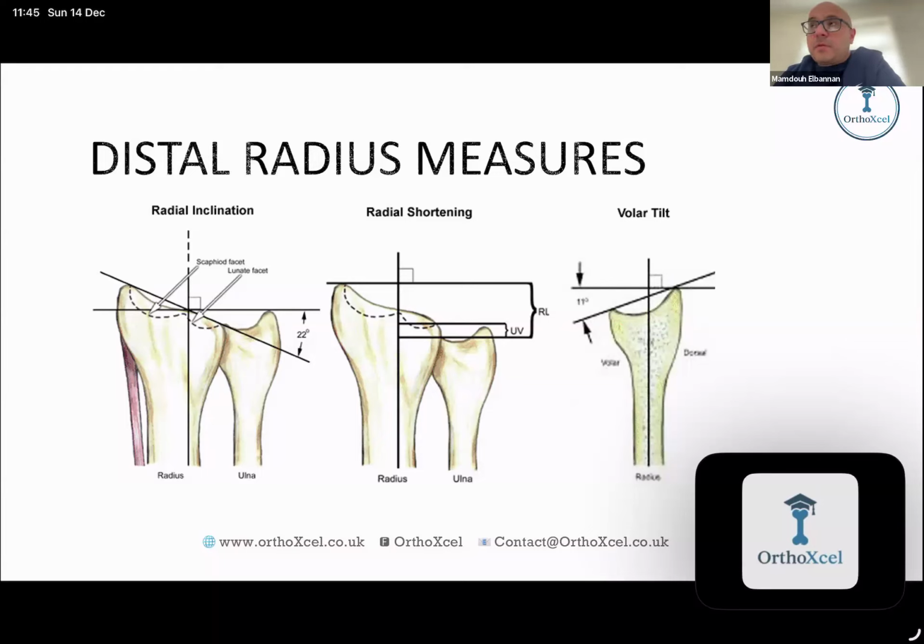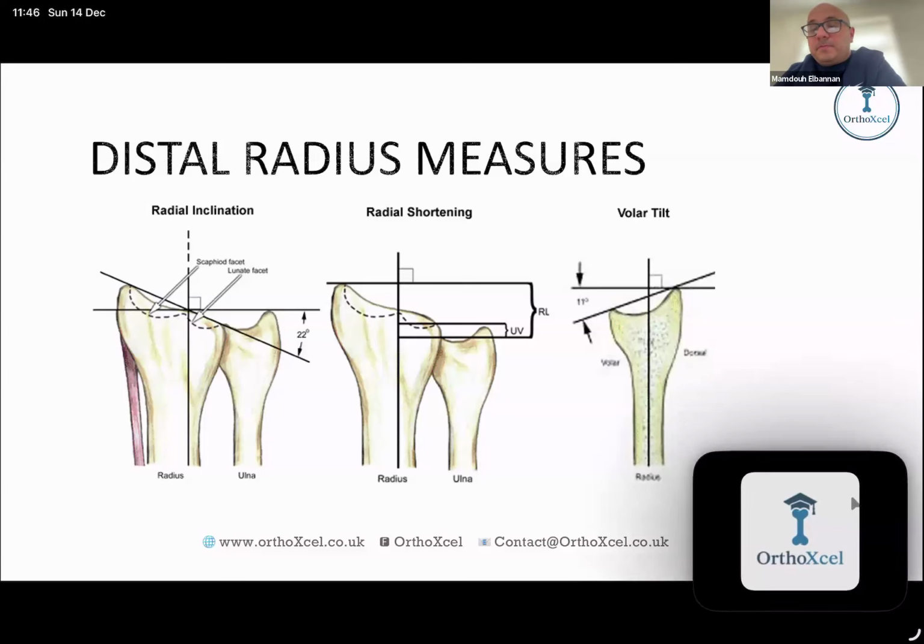With practice, you will get used to fixed numbers in your mind. So I fix the radial inclination at 20 degrees, radial shortening at 10 and volar tilt at 10. But actually the true numbers: radial inclination is 23, and if you take 13 out of it, which is the radial shortening, then it's 10 for the volar tilt.